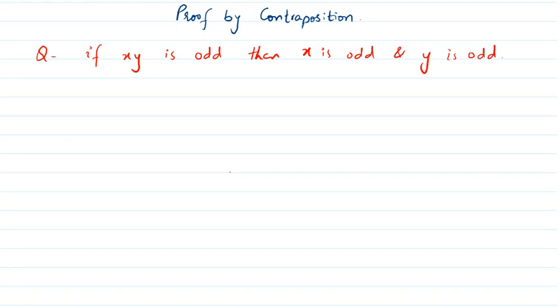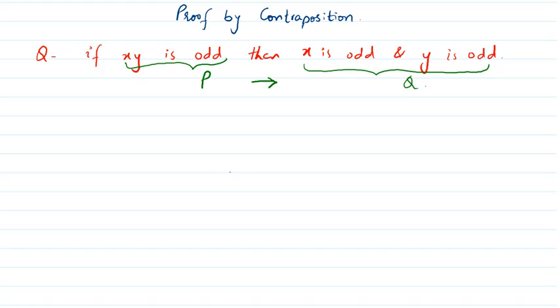So let me first identify my P and Q here. So this one is going to be P, and this whole thing is going to be Q, right? And in between comes the implication. So in order to prove that x, y, multiplication, the product of two numbers x and y is odd, then the claim is that x is also odd, y is also odd. You can't say that one of them is even or one of them is odd, right?